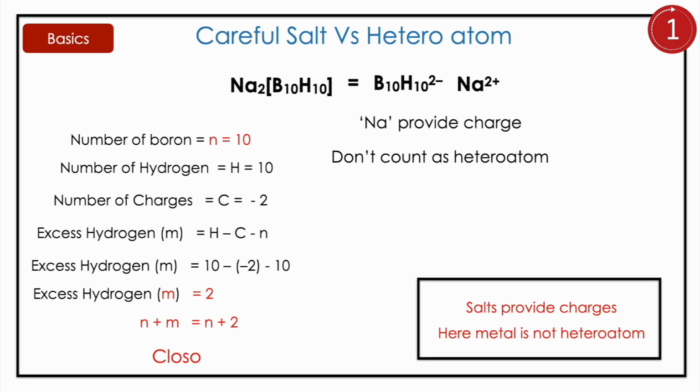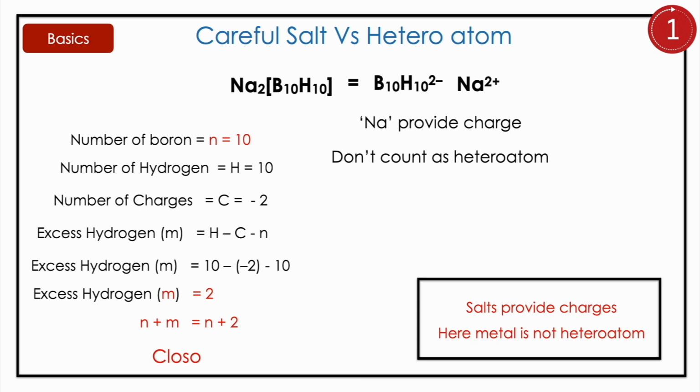Then the most important mistake is salt versus heteroatom. Here I have given Na2B10H10. Here Na2 plus you should not think of as a heteroatom. It is a balancing charge, a counter ion. So you should not include it in the calculation. Na2 plus B10H10 is equivalent to B10H10 2 minus with Na2 plus.